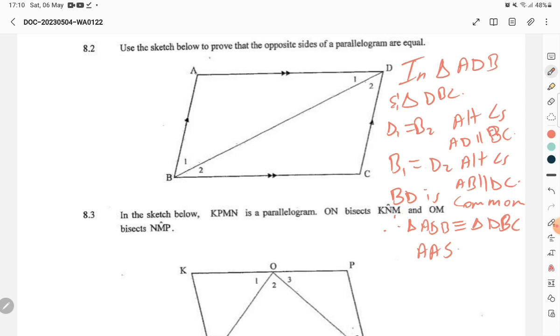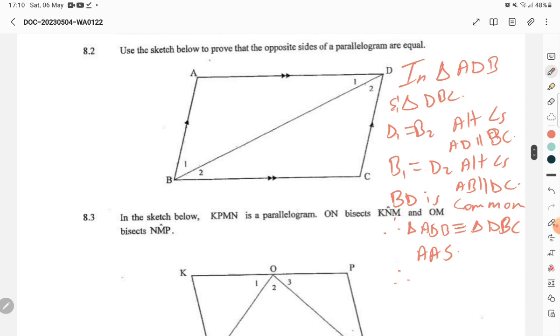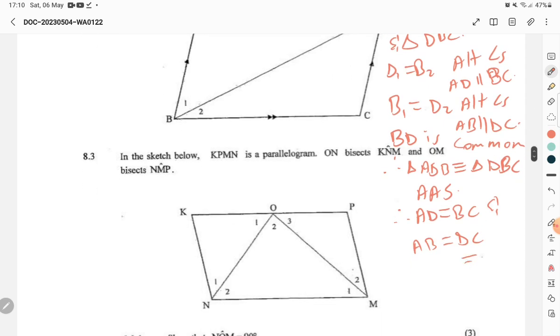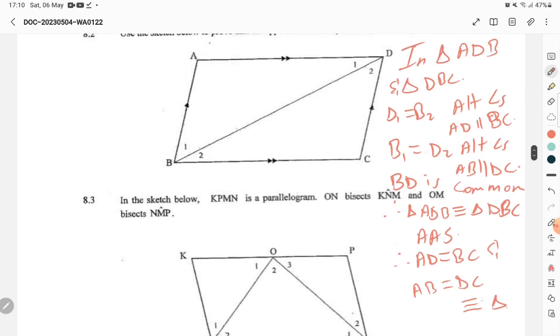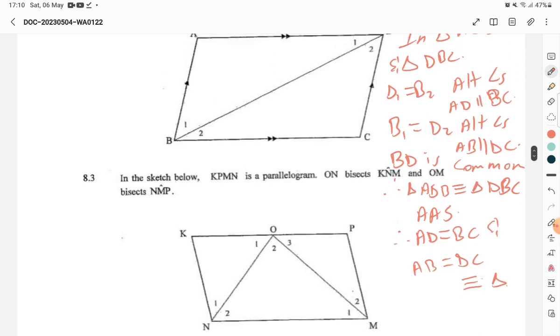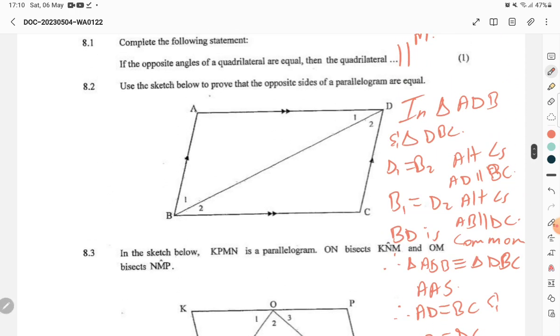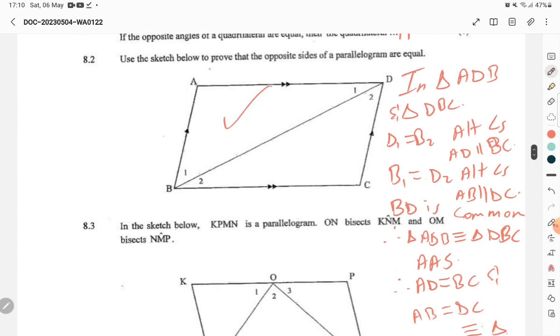So we can conclude that AD is equal to BC and AB is equal to DC, and the reason is congruent triangles. So we are done, because we were proving that opposite sides of a parallelogram are equal. Yours is just to prove the congruence in this triangle, then you are on the go.